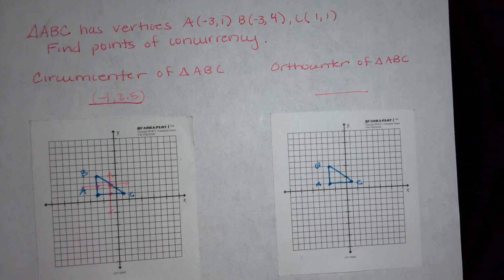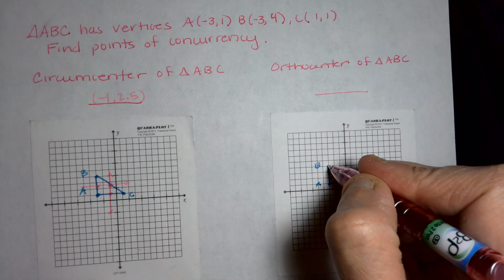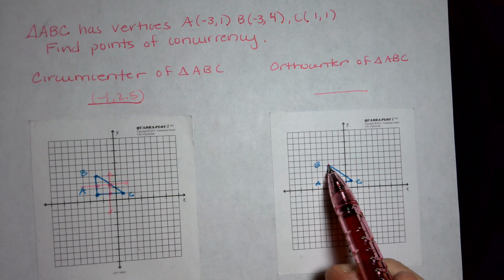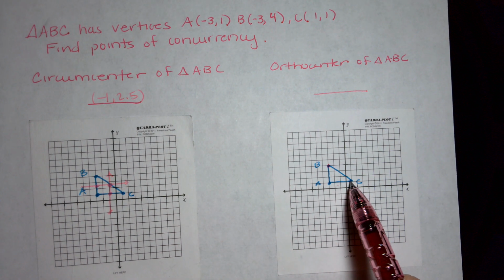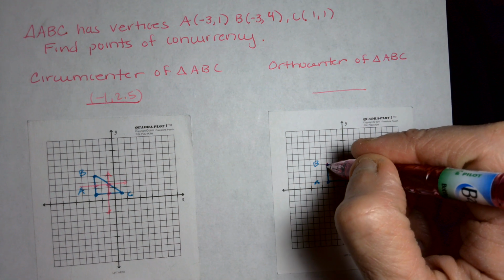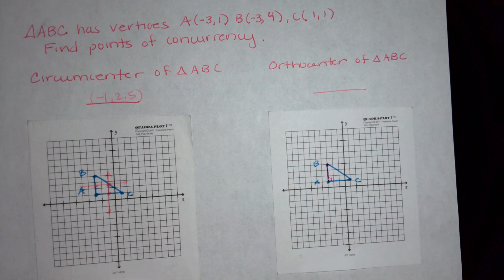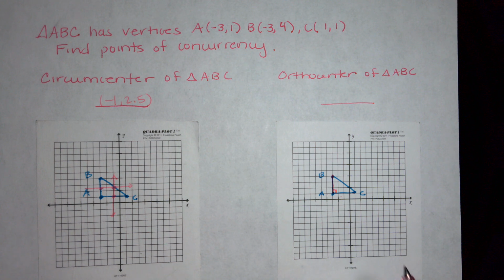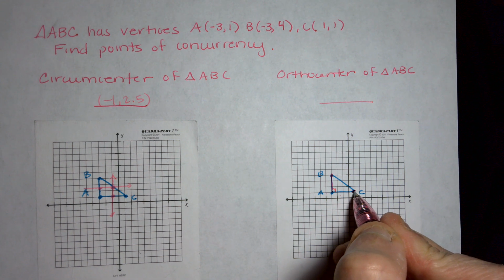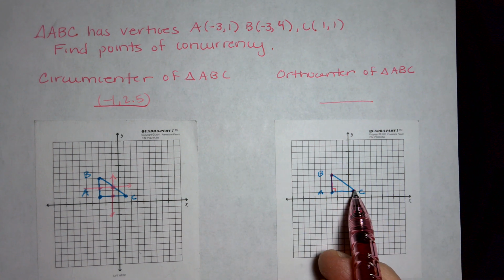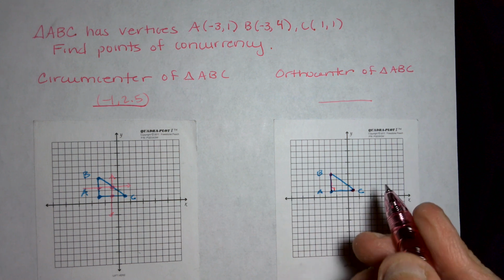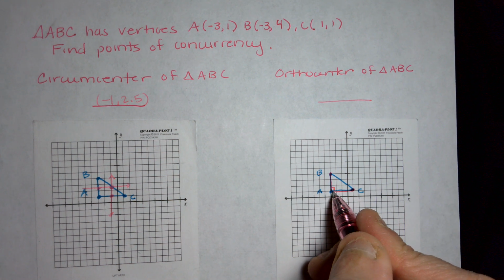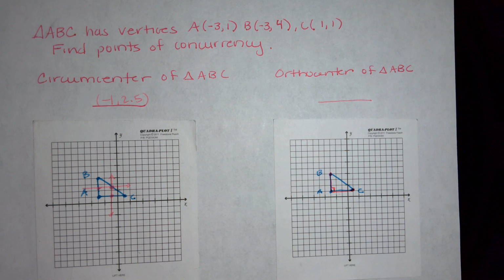If I do the altitude, let's pick this point. It looks kind of confusing, but if I do the altitude from here to this side, it's right there actually. It's the side. If I pick a vertex so I don't get confused, the altitude from here to the side across from it, again, is right there.